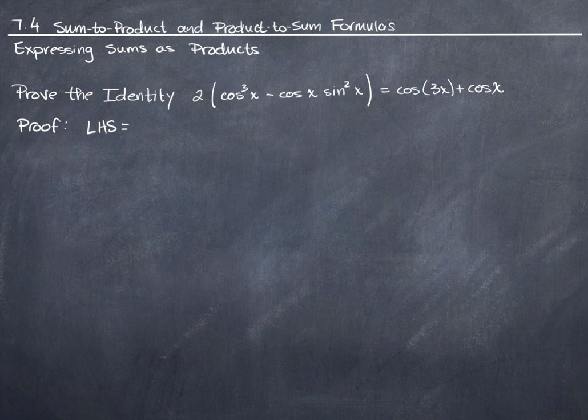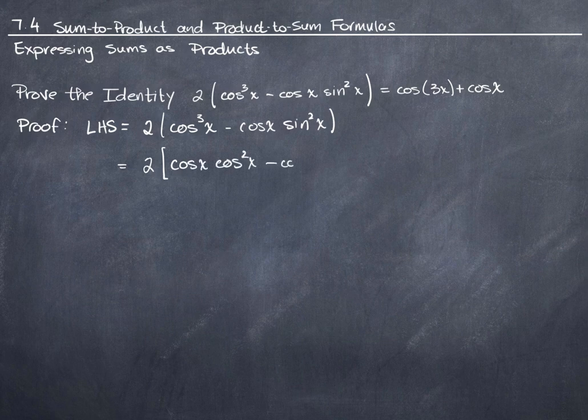So my left-hand side is 2 cosine cubed x minus cosine x sine squared. And yes, you have to copy it all the way out. And I'm going to rewrite that as 2 times cosine x cosine squared x minus cosine x sine squared x. And that's almost not even algebra.